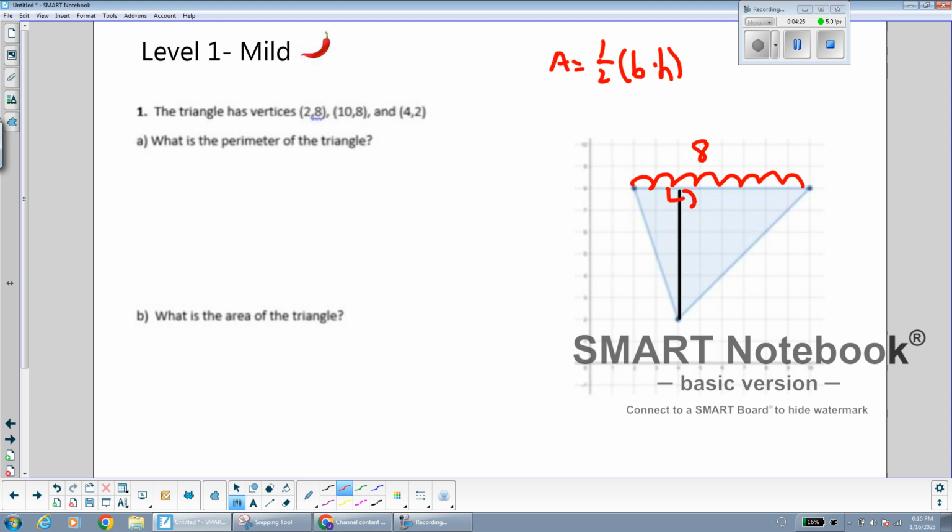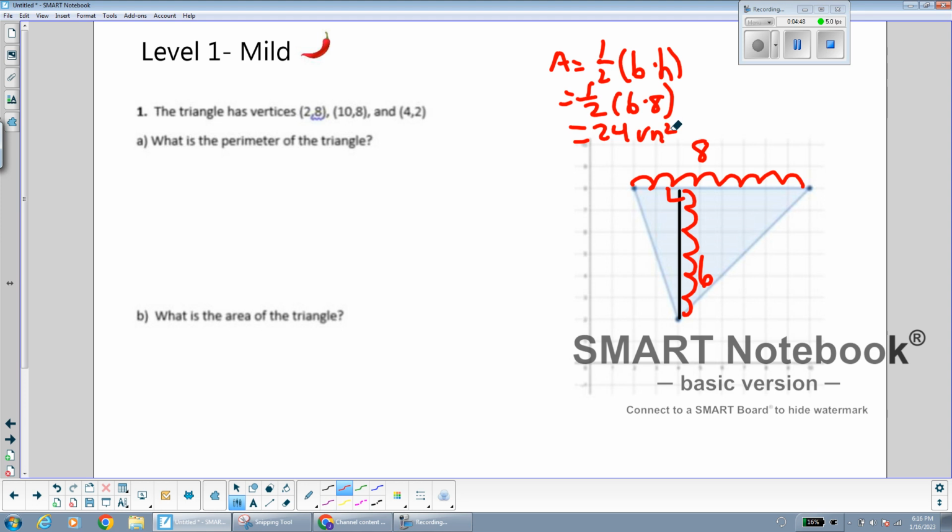And that would be 1, 2, 3, 4, 5, 6 units long, the height. If you find the area of the triangle, it would be 1/2 times 6 times 8. So that would be half of 48, which is simply 24 units squared.